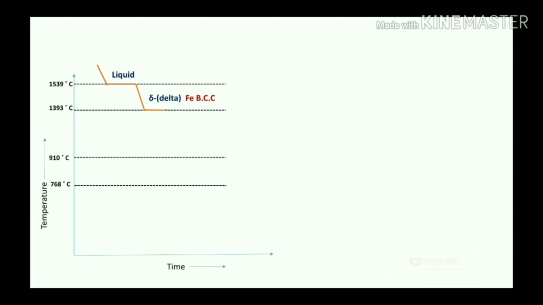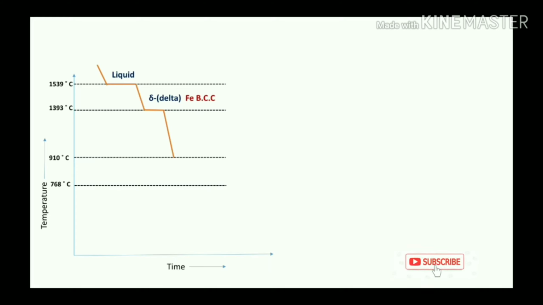Delta is the first phase transferring from liquid to solid, which has a BCC structure, the body centered cubic structure, but that only forms in the temperature range between 1393 degrees centigrade and 1539 degrees centigrade.